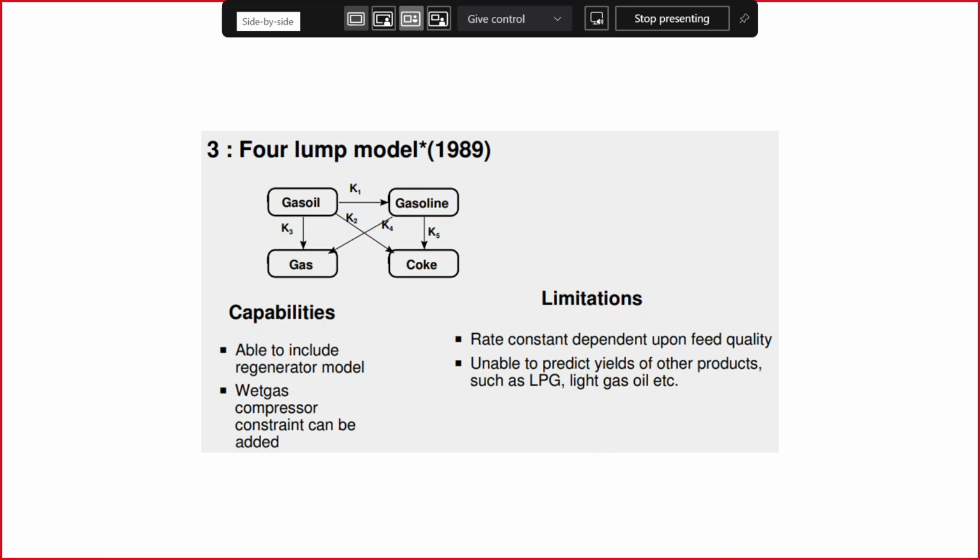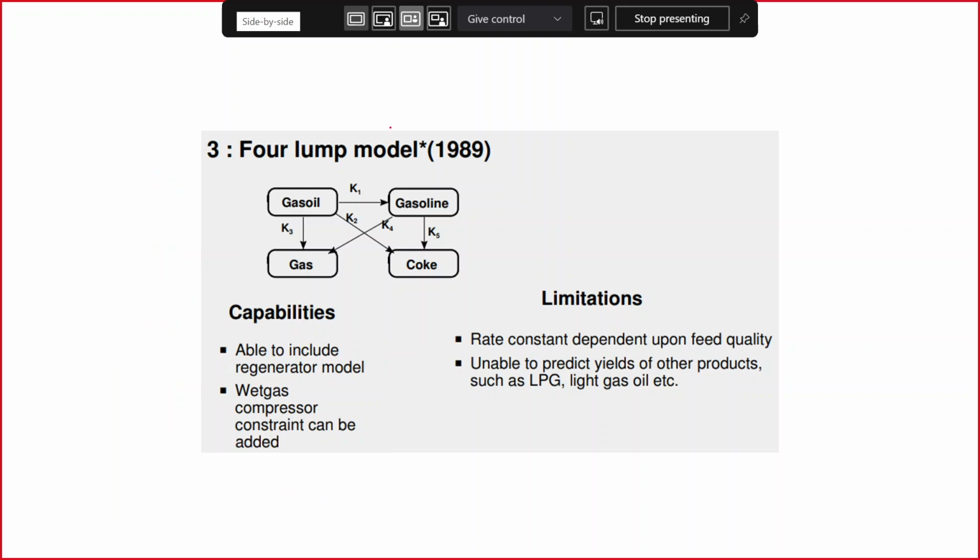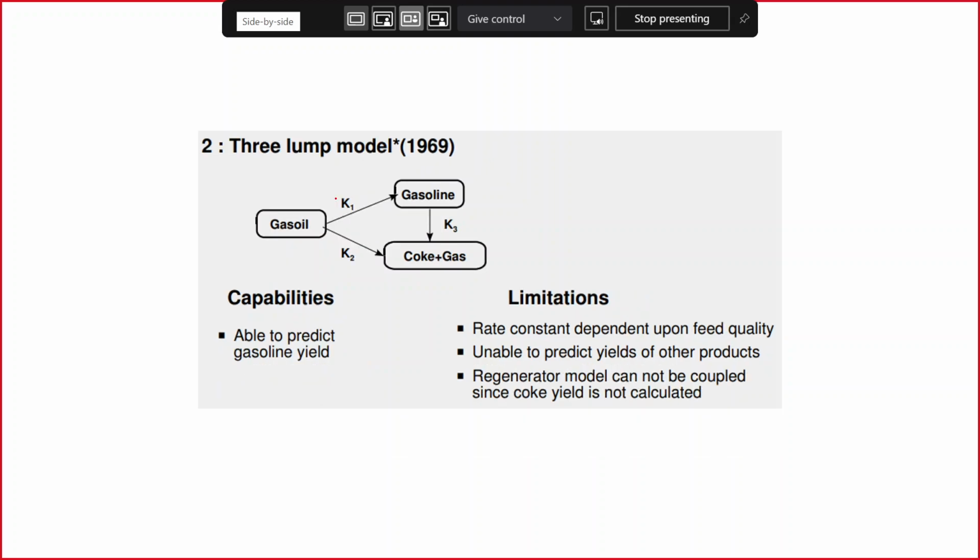Right, so that's basically the lumping model, and then they make some experiments, either batch or continuous. I mean, they don't mention it, but then they try to fit, for example, an FCC model. So if you have a gas oil, they start with this guy, this gas oil, they will then make gasoline, and they will then make coke and gas.